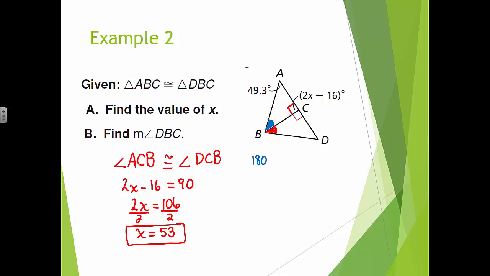We can do 180 minus 90 minus 49.3, and that gives us 90 minus 49.3. 90 minus 50 would be 40, so 90 minus 49.3 would be 40.7.